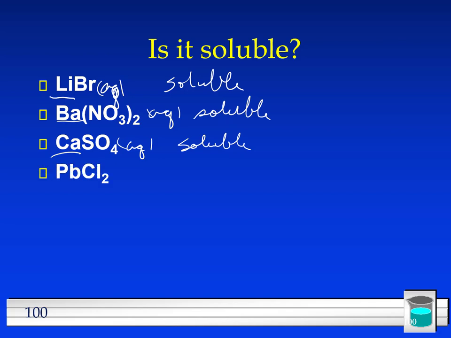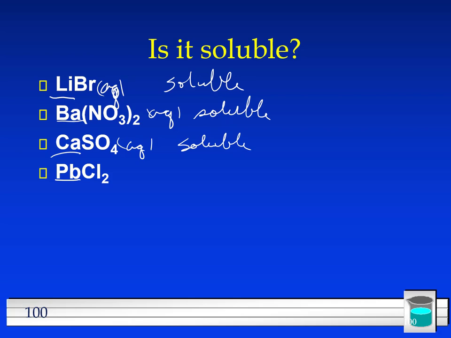PbCl2. Pb, is lead an alkaline metal? No. So I've got to look at the negative piece. The negative piece is Cl. Cl is chloride. What does it say about chloride? They're soluble unless they're with silver, lead, or mercury.